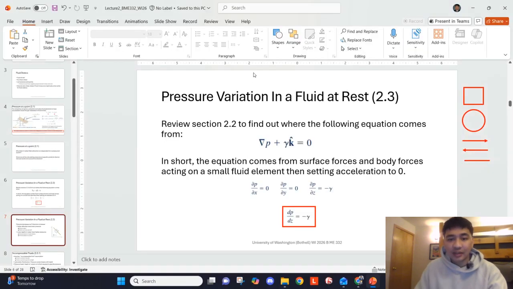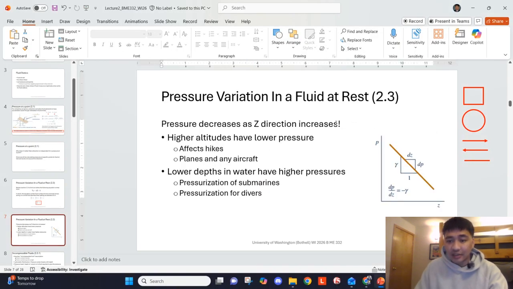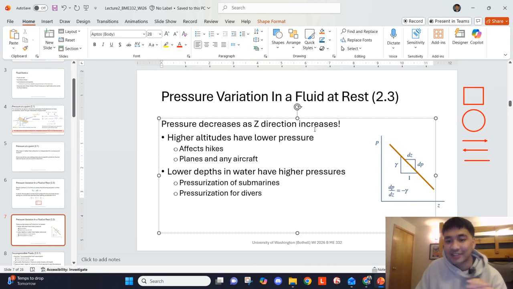I should say increases in the down direction. So I guess it depends: in water, it increases in the downward direction, but for the sake of this graph, as z increases, the pressure decreases. So I'll just keep that in the slides.